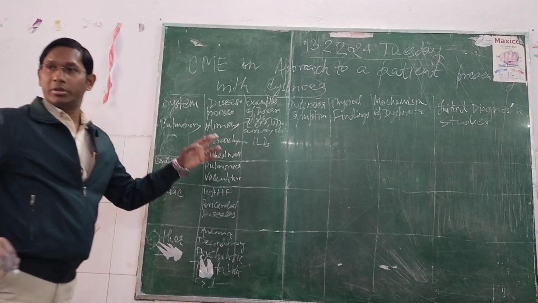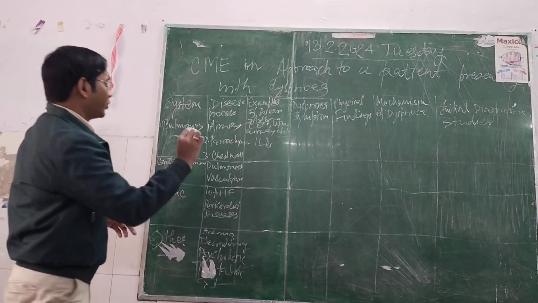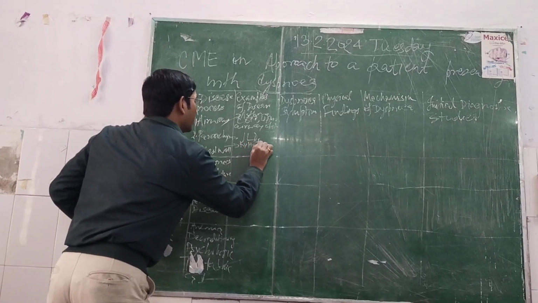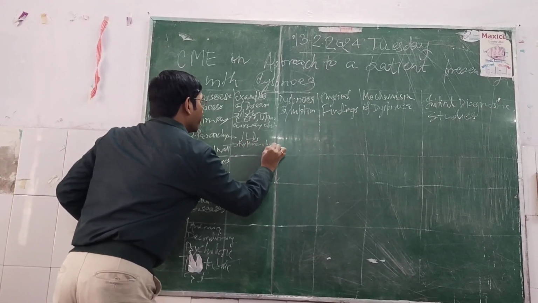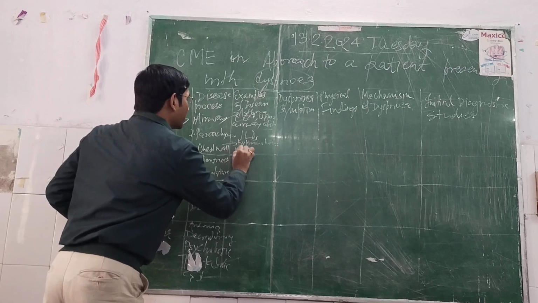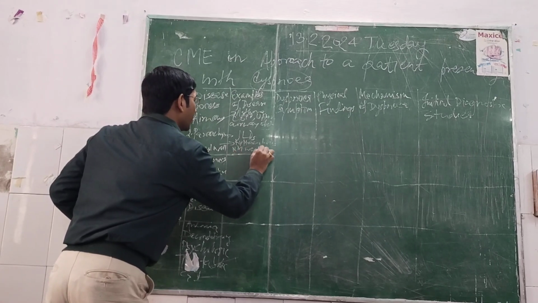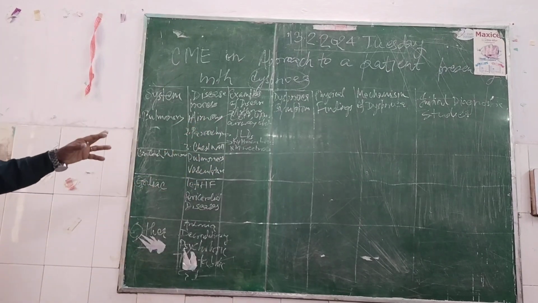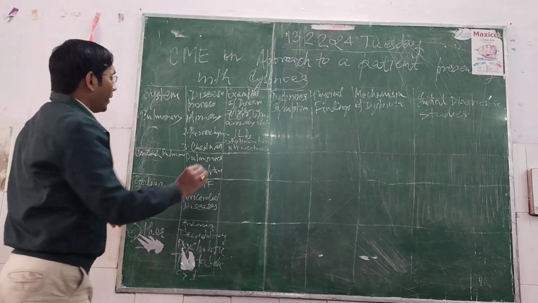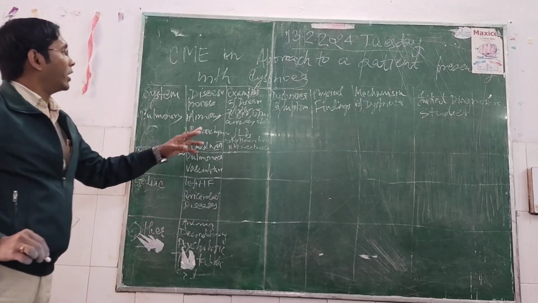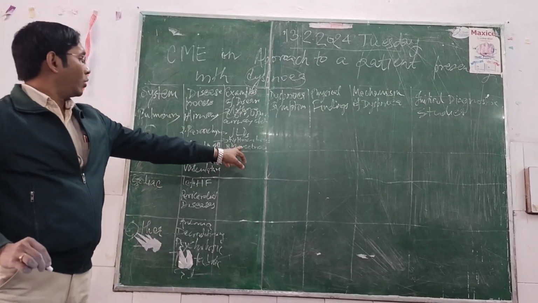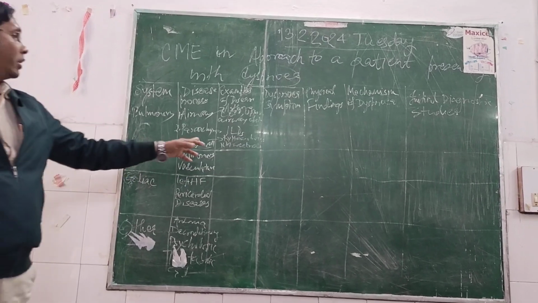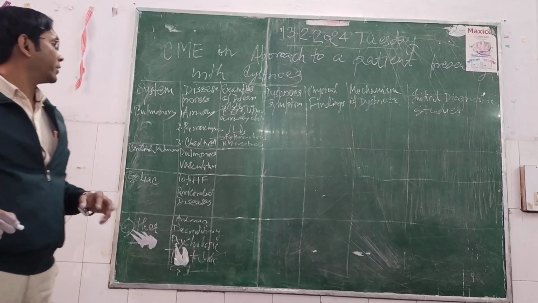These are a group of diseases, ILDs. And for chest wall, you can write kyphoscoliosis and neuromuscular weakness. There can be many causes of neuromuscular weakness, but you should know that in chest wall there can be two kinds of diseases: kyphoscoliosis and neuromuscular. Kyphoscoliosis is a structural deformity, and this is neuromuscular weakness.